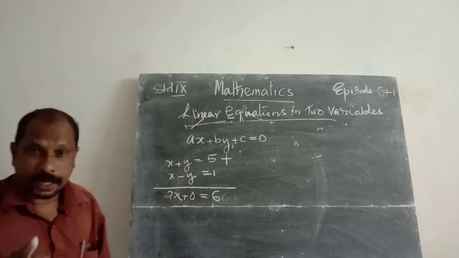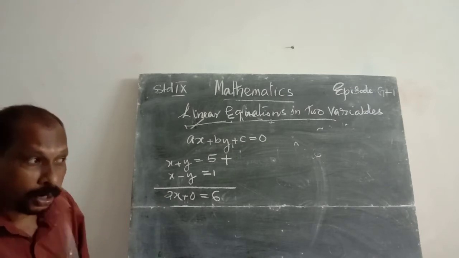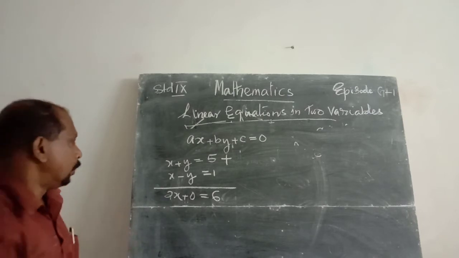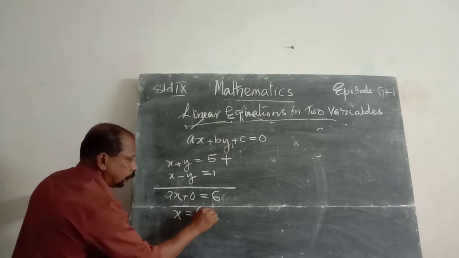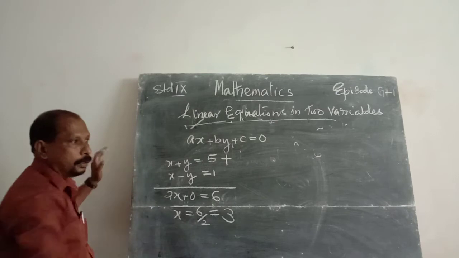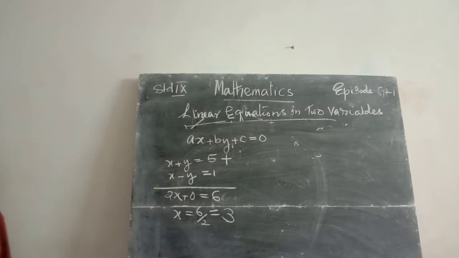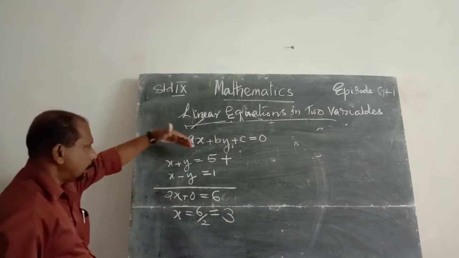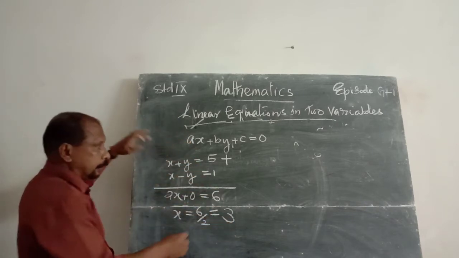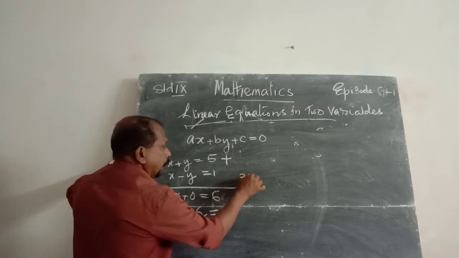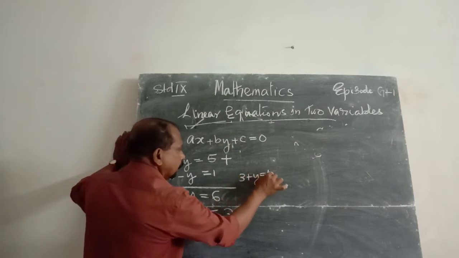It is a linear equation in one variable, a simple equation. Therefore, x is equal to 6 by 2 is equal to 3. This is the value of x. Then substitute this value in the first equation. 3 plus y is equal to 5.